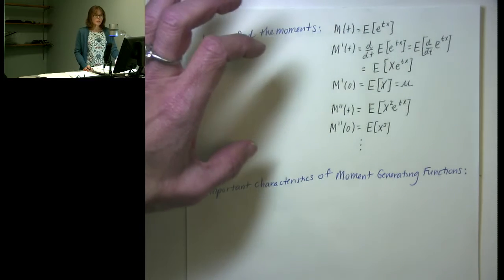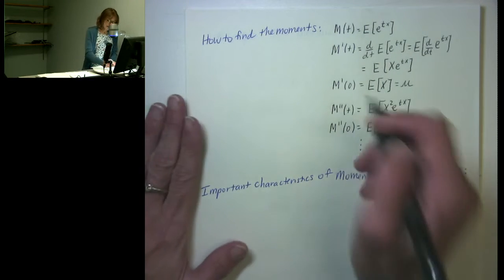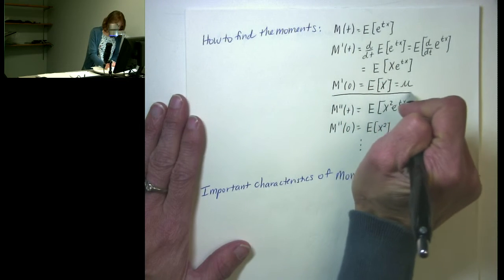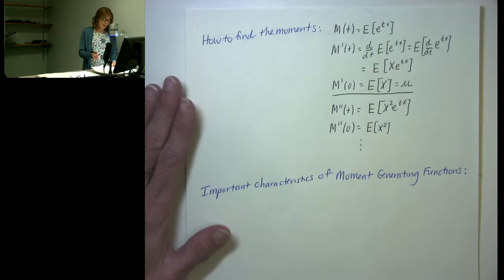Now, what's especially useful about this is that I can use it to find the mean and the variance. The mean I already saw that I can find by taking the first derivative of the moment generating function and evaluating it at 0.